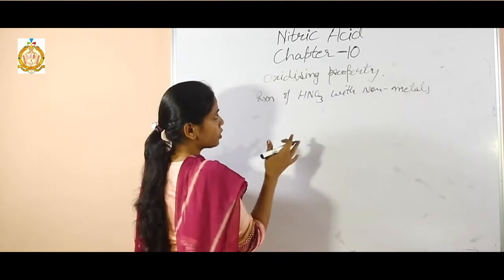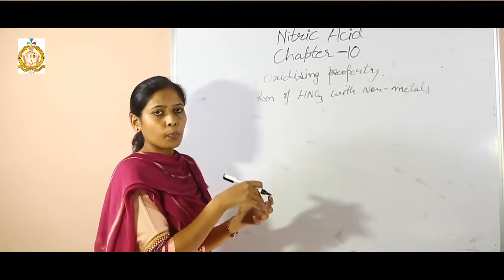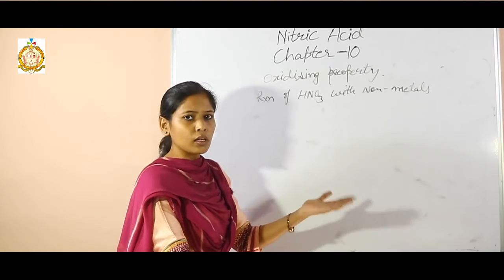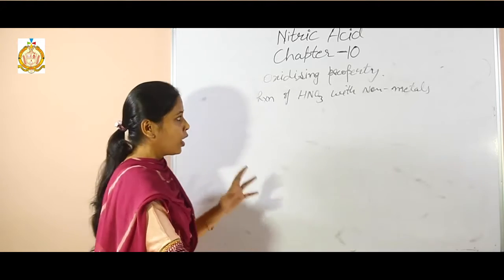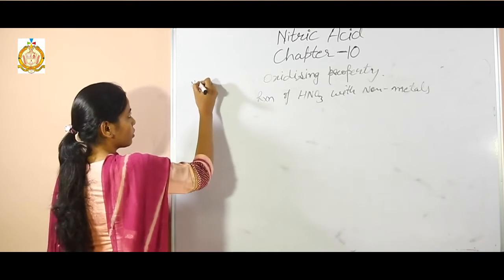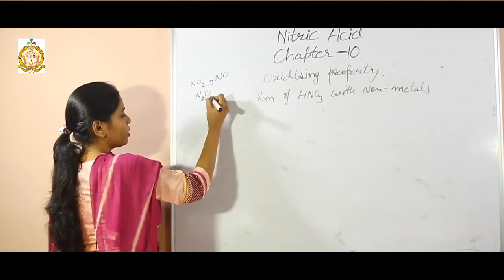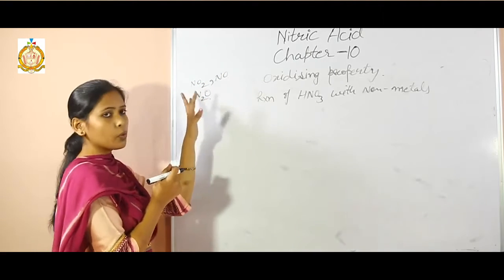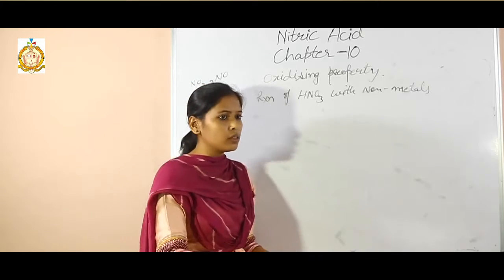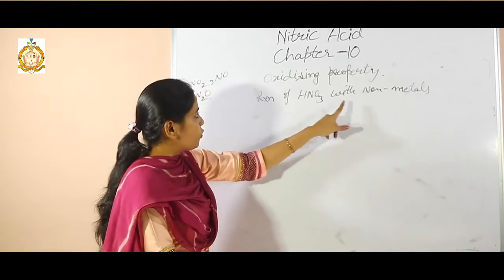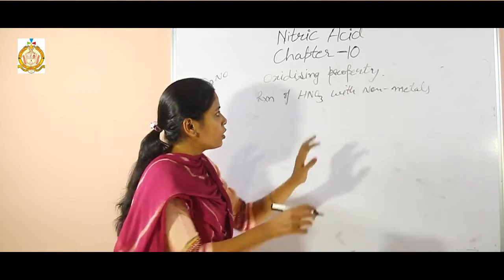When nitric acid reduces, it oxidizes the other and itself gets reduced, and it gives 3 products: NO2, nitric oxide and nitrous oxide. It gives 3 products when it is itself reduced. So here we will do the reaction of nitric acid with non-metals.